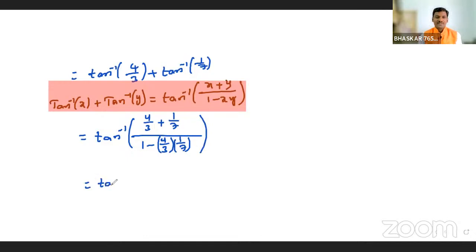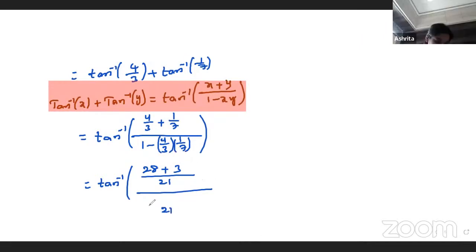Now this becomes tan inverse of LCM 3 into 7. 21 is the LCM. So 3 7 times, multiply by 7. 4 7 times is 28. 3 1 time is 3, whole divided by, here also like the previous problem, 3 7 times is 21 LCM. 21 1 time is 21 minus 4 1 time 4.